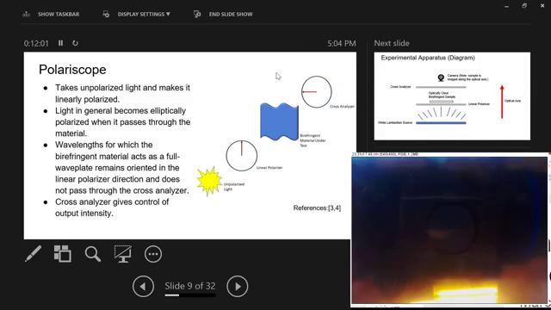The first one is denoted as the linear polarizer, and the second one is denoted as the cross-analyzer. So unpolarized light will go through the first polarizer and become linearly polarized, and then it'll pass through the material, and as a general result, the light will become elliptically polarized.